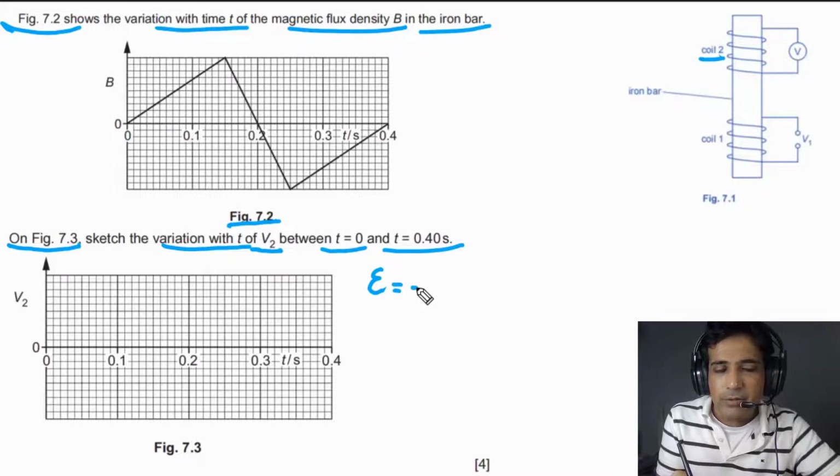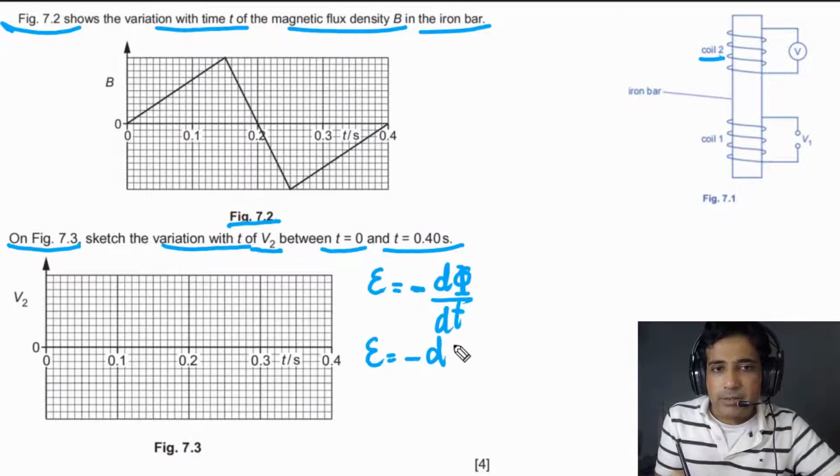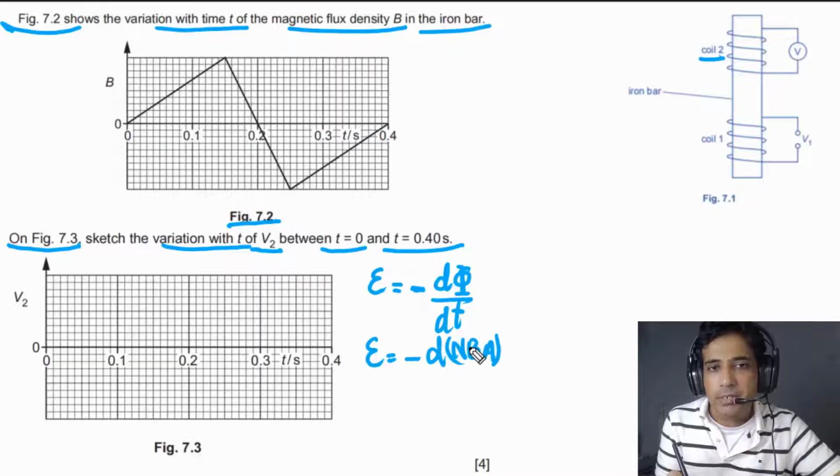Induced EMF is equal to negative, or simply you can say minus dΦ/dt, means rate of change of magnetic flux linkage. We can also write down this one minus d(NBA), because magnetic flux linkage is equal to NBA if angle between area normal vector and B is equal to 0. So we can write down NBA because cosine of 0 is equal to 1.